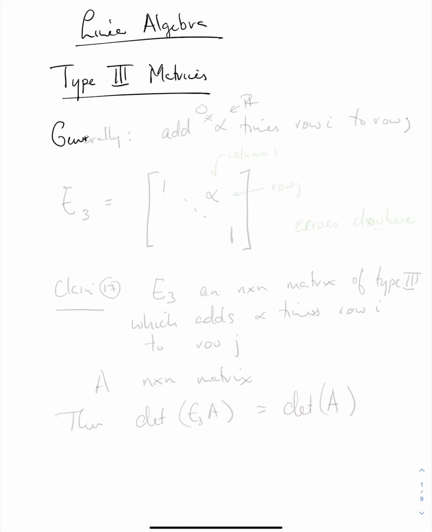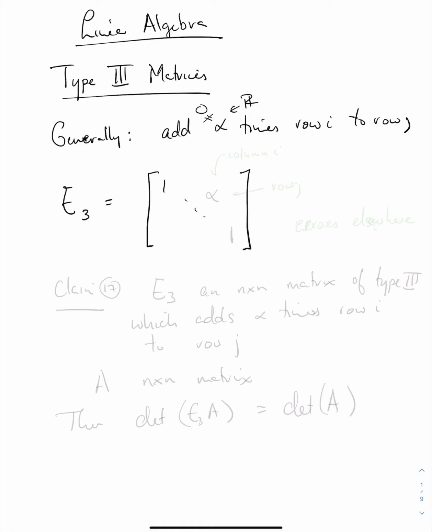Generally speaking, a type 3 elementary matrix adds alpha times row i to row j, where alpha is some non-zero real number. Generally speaking, they look like this.